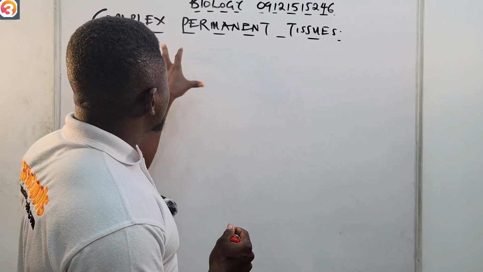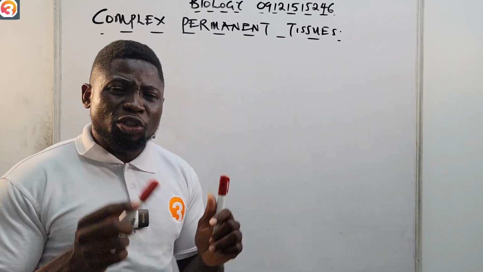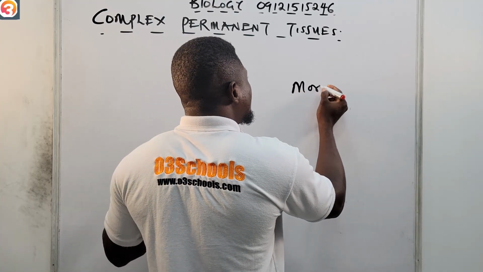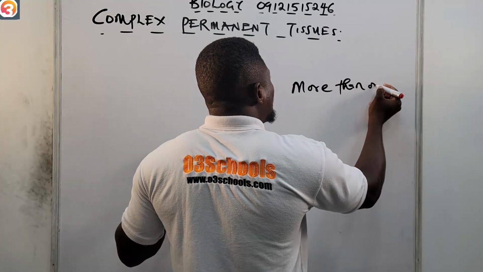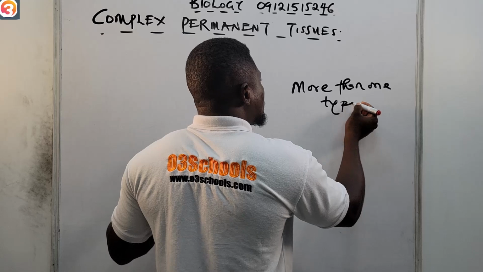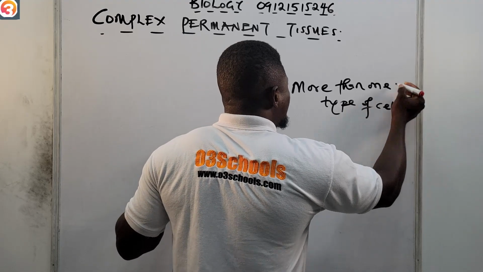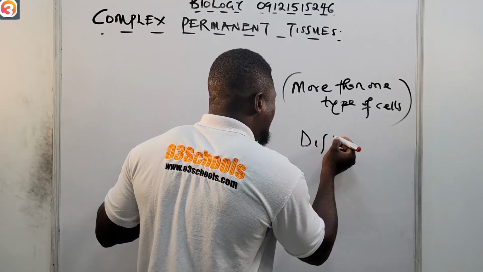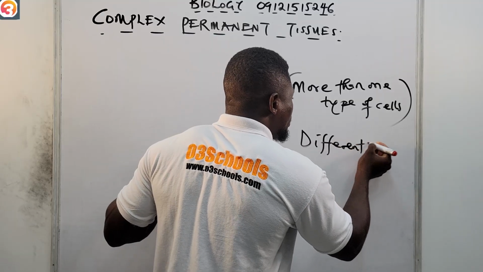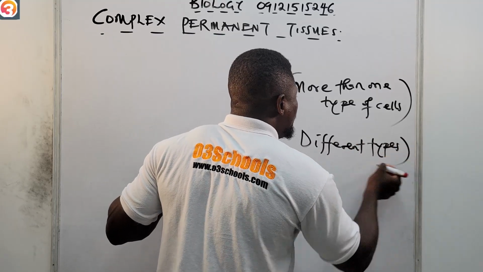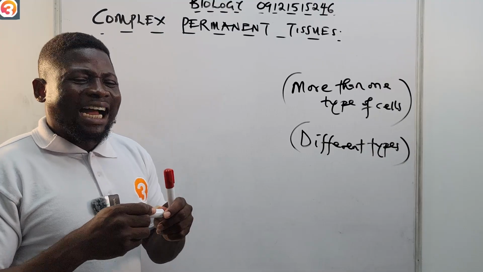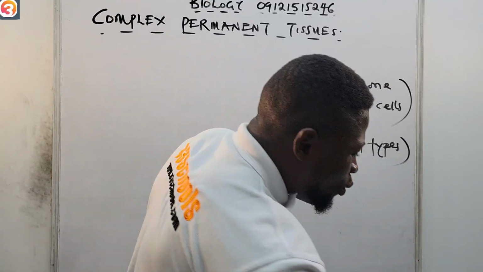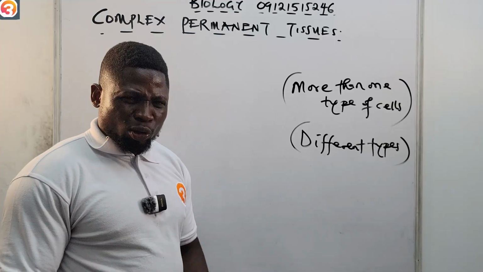So likewise is complex permanent tissues. For complex permanent tissues, we have more than one type of cells. So if you do not want to say more than one type of cell, you can say different types of cells that come together to work together to perform a particular function.